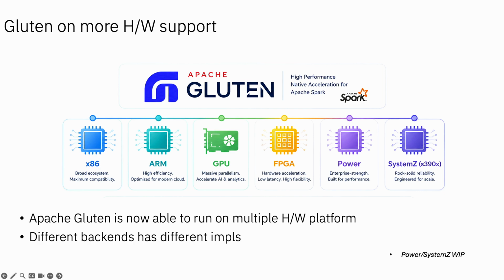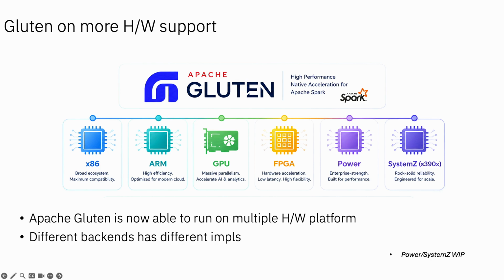The second one is hardware support. Again, thanks to the Velox community, some platforms are already working. For example, x86 and ARM are already working, and GPU is in progress.